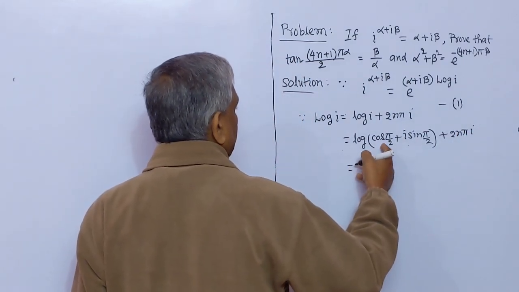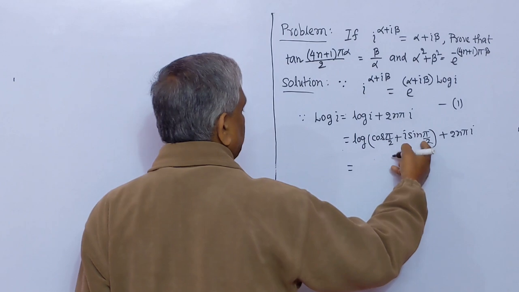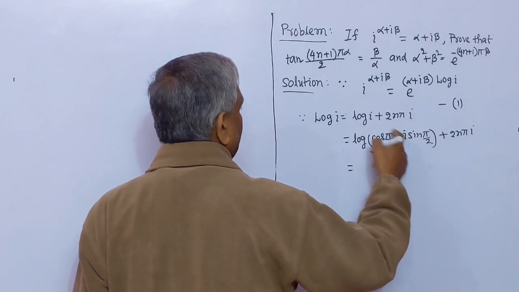Here cos π/2 is 0 and sin π/2 is 1, so only i remains.